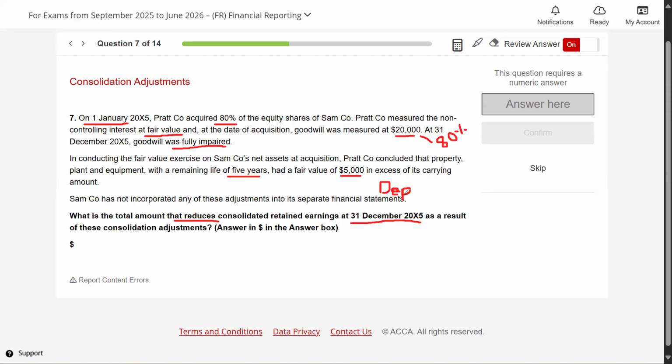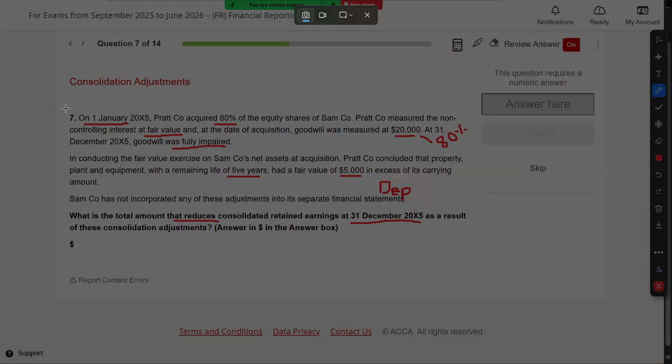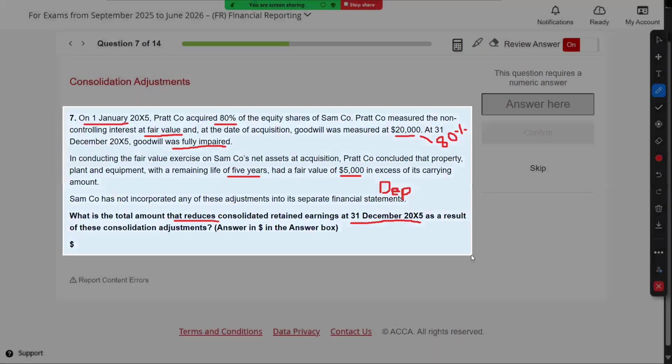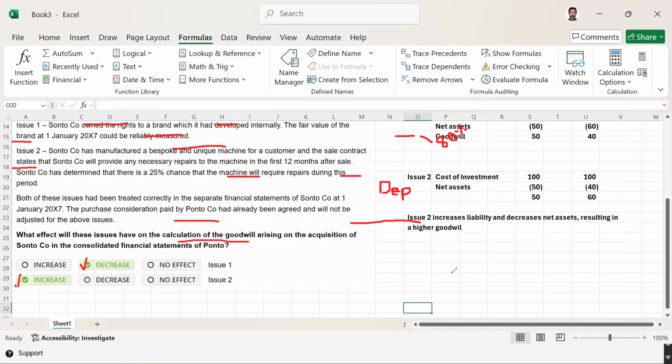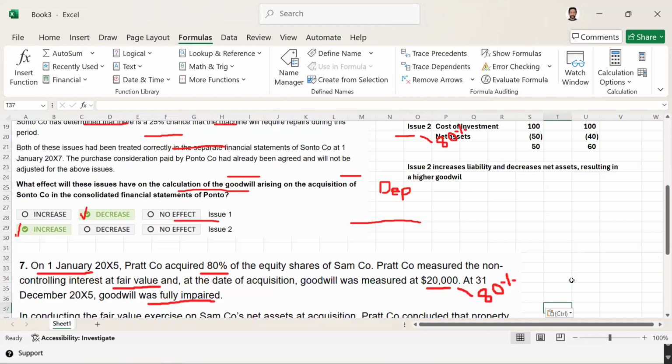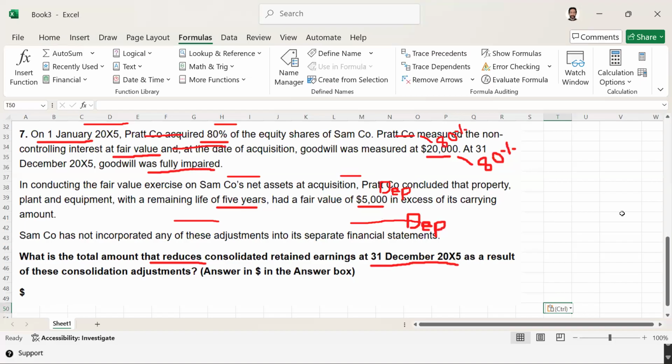Okay, but we have to calculate the value that relates to the controlling interest. If I just take this question to the Excel sheet, we will have a better chance of understanding. So here we go, we have this situation. Let's clear the drawings here.